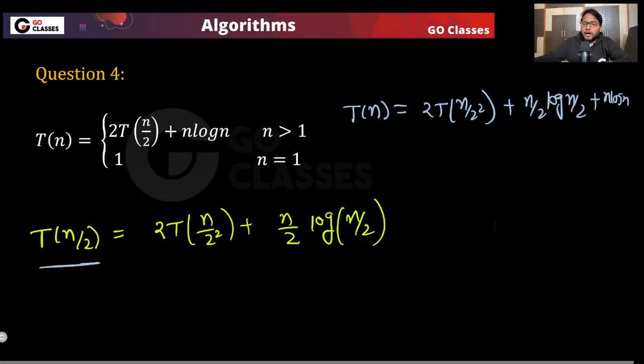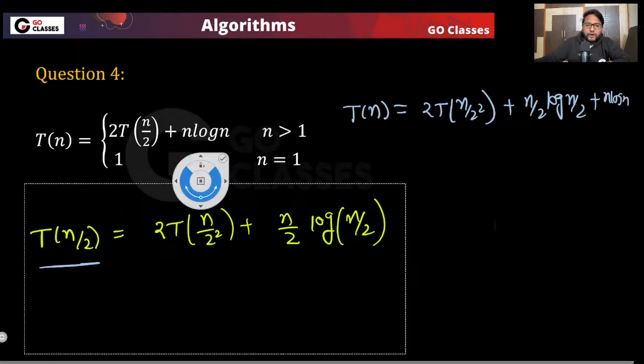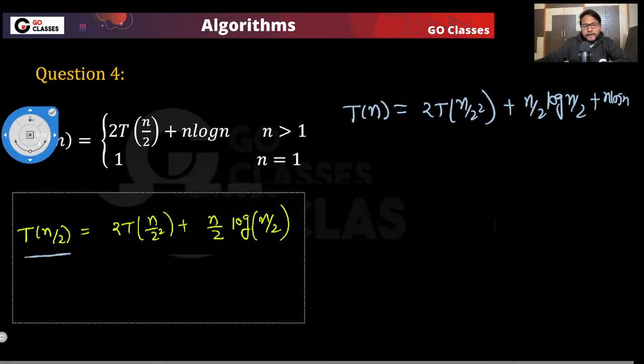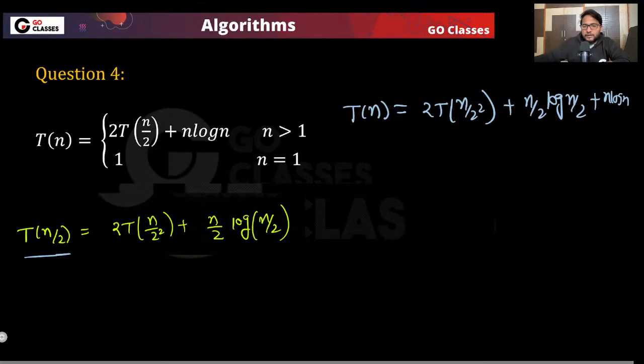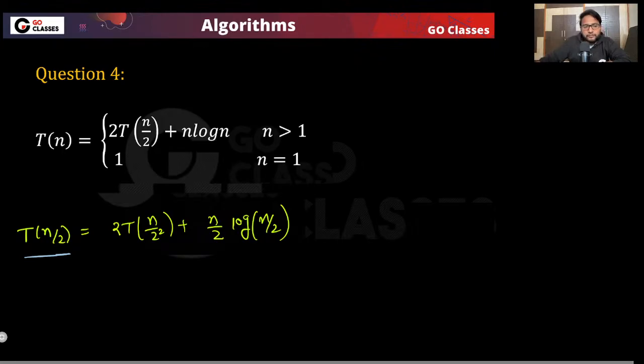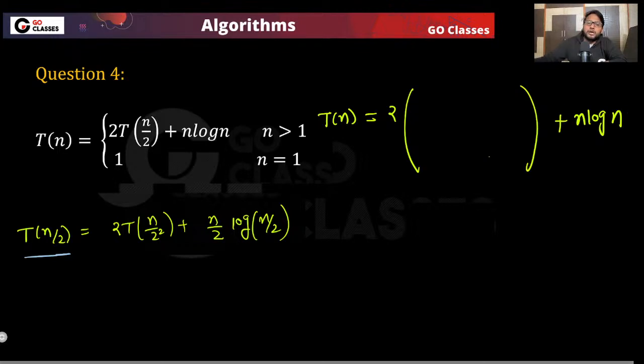Now can you rewrite it again? Can you write T of n by 2 square? See what I'm saying. If you rewrite this term, Tn is going to be 2 of T of n by 2 plus n log n. And you need to write 2 of T of n by 2 carefully.